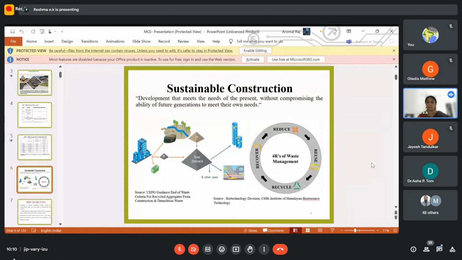Nowadays in Australia, much work is going on in this recover area, that is, energy generation from waste. When I'm talking about recycled concrete aggregate, I may not be able to produce energy from it. But in construction and demolition waste, there are many other things, say wood and plastic materials and all.